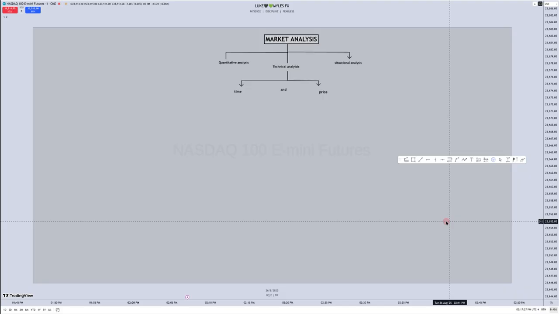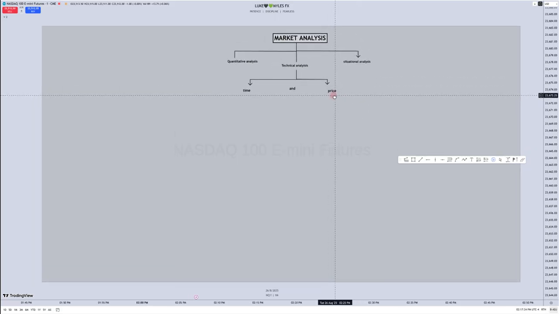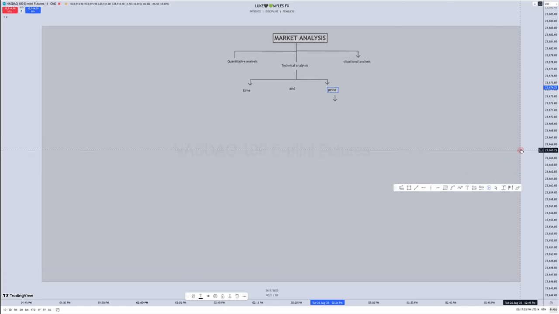And after looking into this, for price action, what we do in reading price action is what we call market structure. So whatever you're looking at when you're looking at price is about market structure.